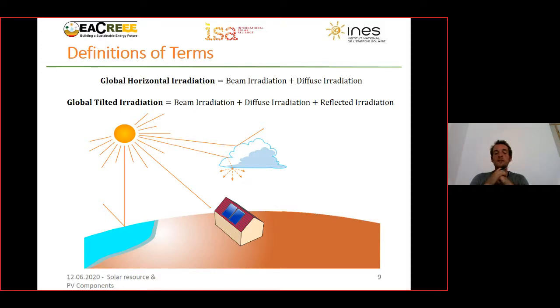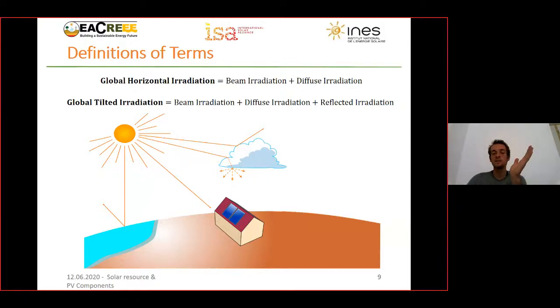You have basically two main terms of solar energy: the beam energy, which comes directly from the sun, and the diffuse energy, which is the direct energy that is diffused by mainly the clouds at atmosphere level. So if you want to account for all the energy you can get on a specific site, you have to take one, the beam energy, and second, the diffuse energy at a horizontal plane.